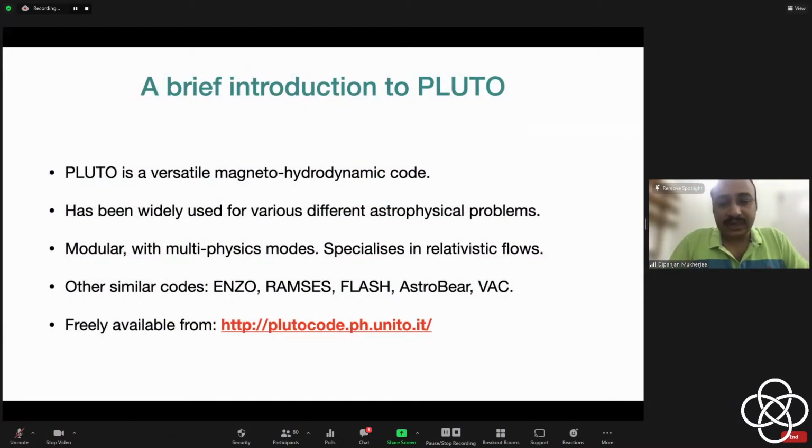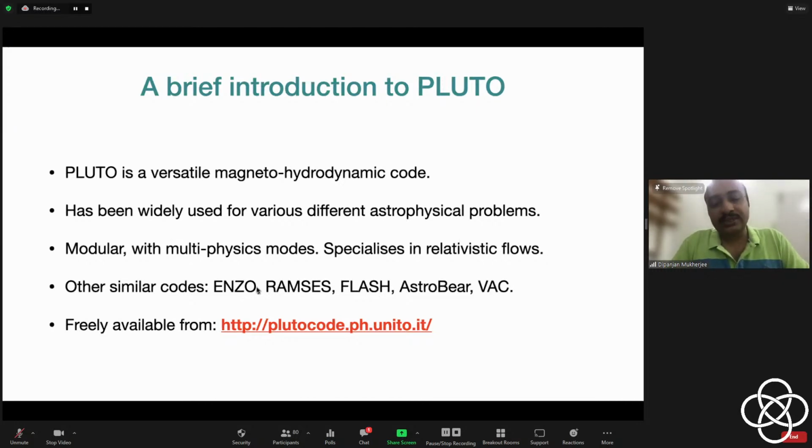So Pluto is a versatile magneto-hydrodynamic code with lots of different modules that it can be used for. Other codes like this are Enzo, Ramses, Flash, etc. I've just given a few here. All of these codes have certain specialities, which make them good for a particular kind of problem.